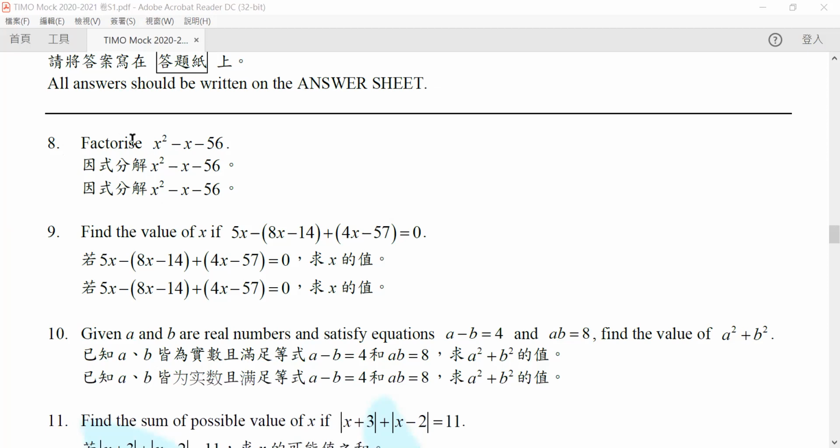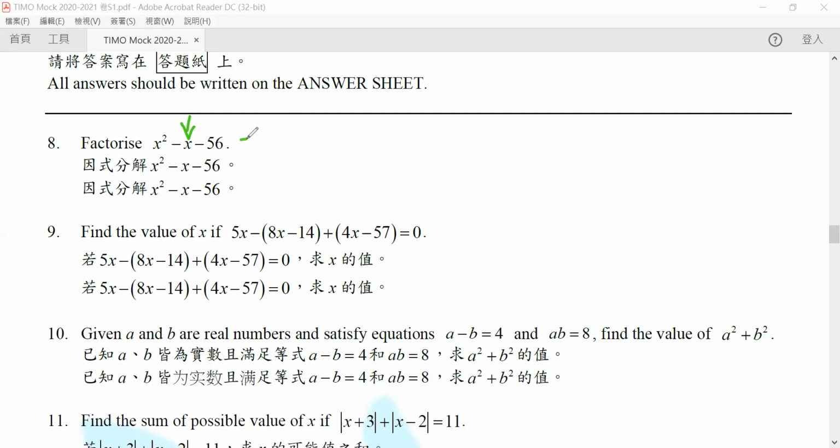Now for factorization of x squared, there is really nothing to talk about. We just know that there are two answers from Vieta's theorem, which says that these two numbers must have a difference of 1, and one must be greater, one must be smaller. The larger magnitude one must be negative.